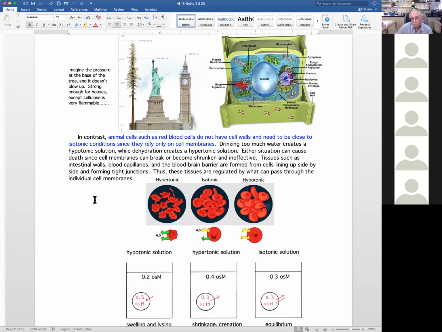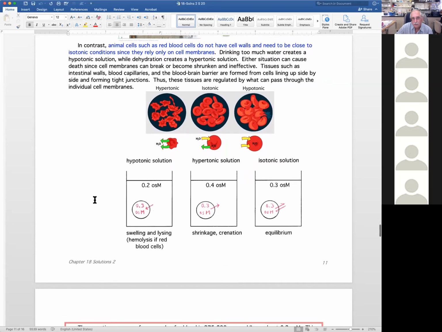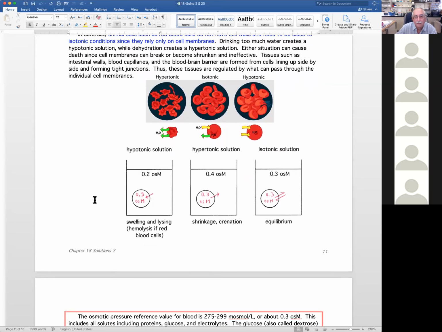But what about animal cells? We don't have cell walls. So we have a problem with that. We can't counteract pressure. So here's what happens to cells. If we put them in what's called a hypotonic solution, wait, I got these reversed. Here's a hypertonic solution.